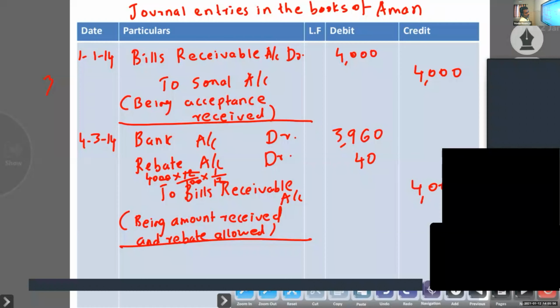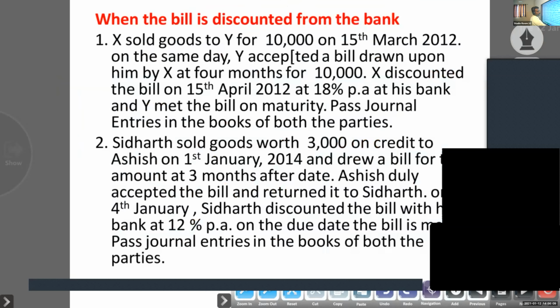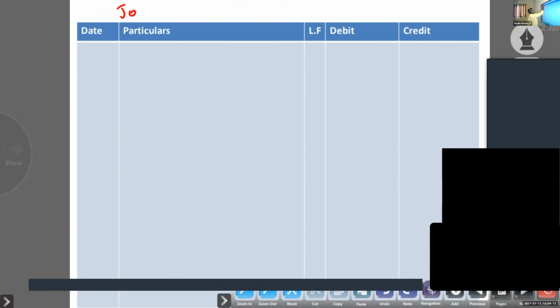Next, journal entries in the books of Sonal. So first January 2014, the bill is the starting.